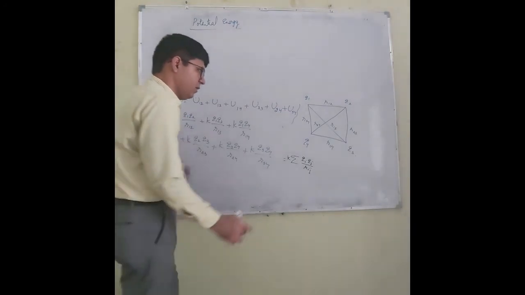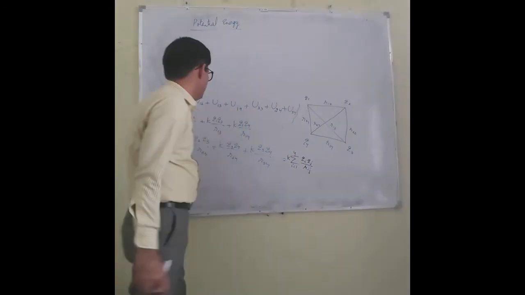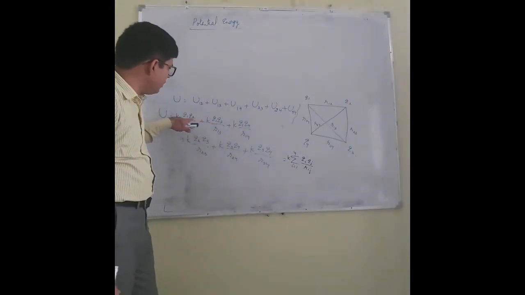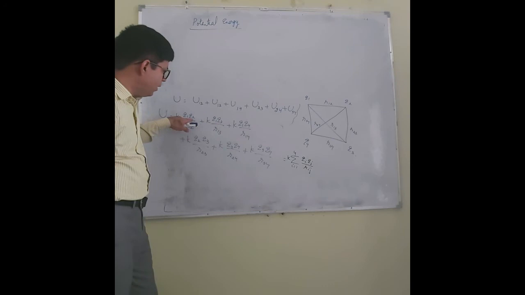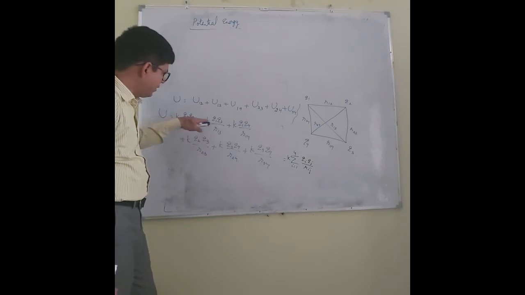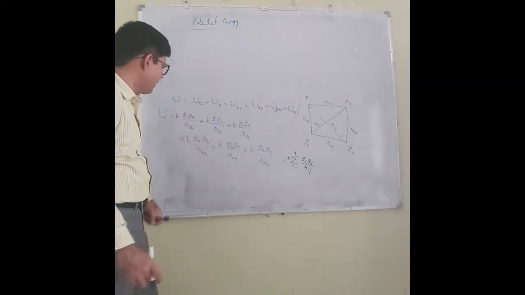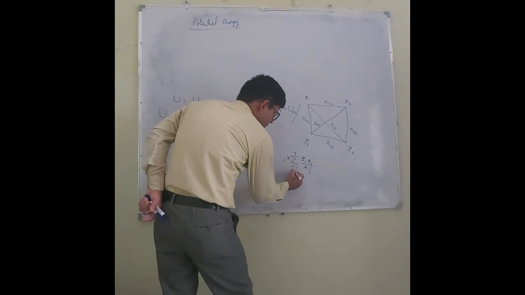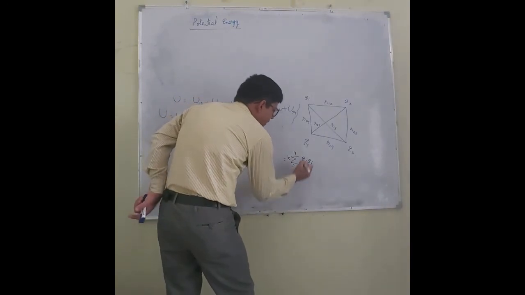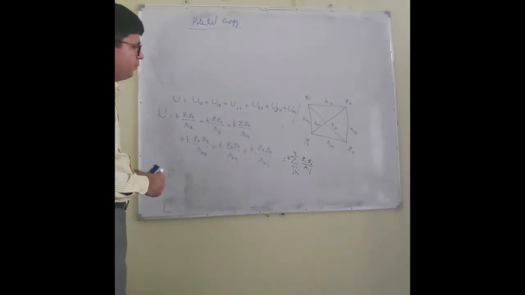First one is, so i varies from 1 to 4. And what is the condition on j? Here 2 is always greater than 1, here 3 is greater than 1. I say j is always greater than i. So the condition is j is always greater than i. So this is in sigma notation.